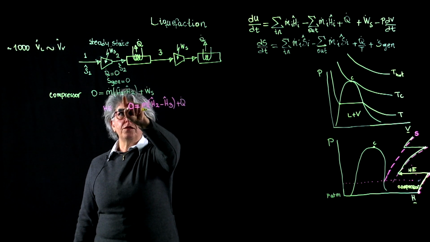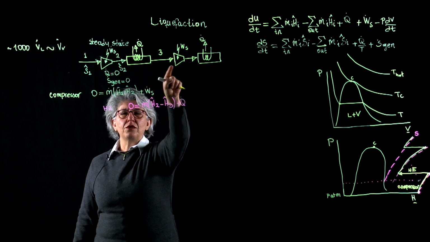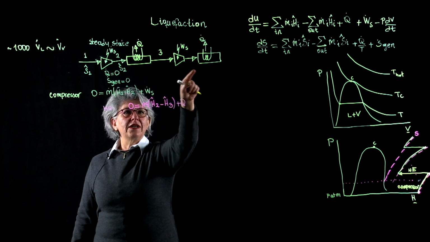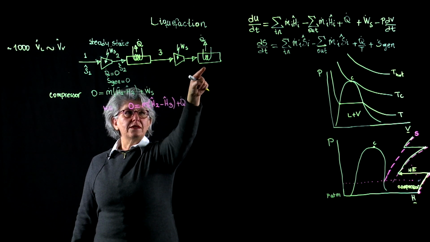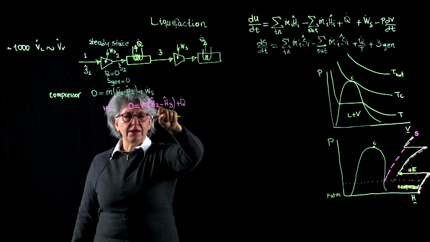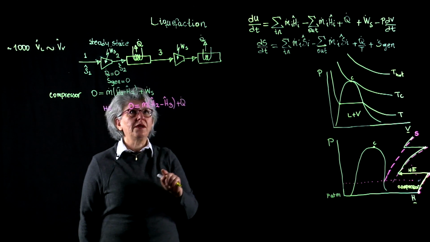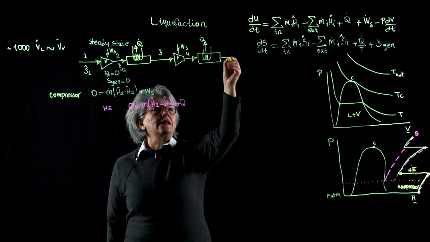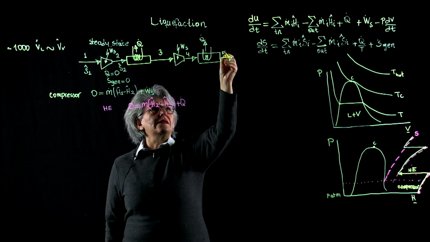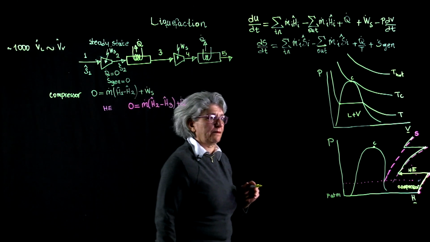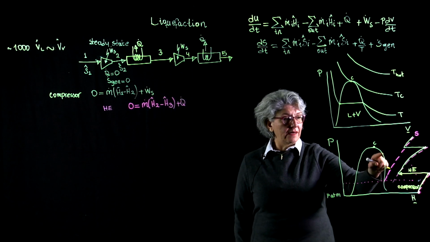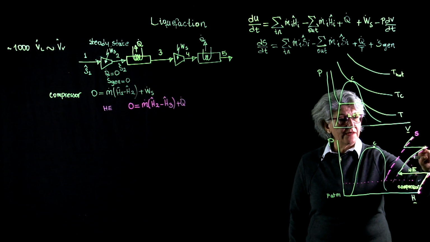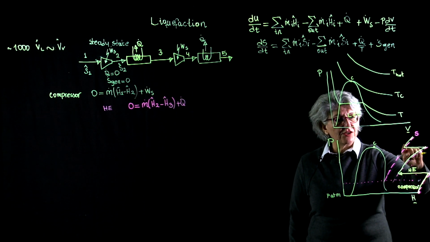This is going to be valid for this compressor also, with the indices changed. And this is going to be valid for this exchanger also, with the indices changed. So instead of 2 minus 3, it will be 4 minus 5. All right, I'm at step 5. This was my second compressor, second heat exchanger.